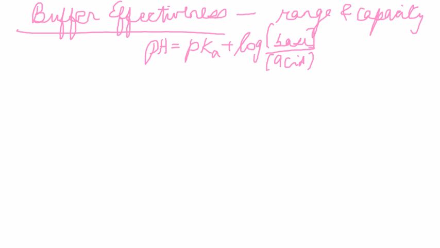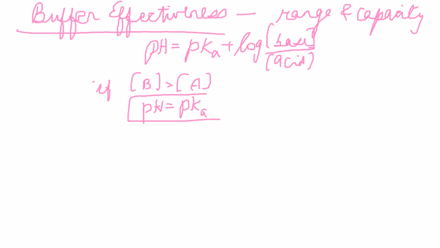And so if the concentration of the base and the concentration of the acid are exactly equal, then pH is equal to the pKa, and the buffer will be most potent in that case.